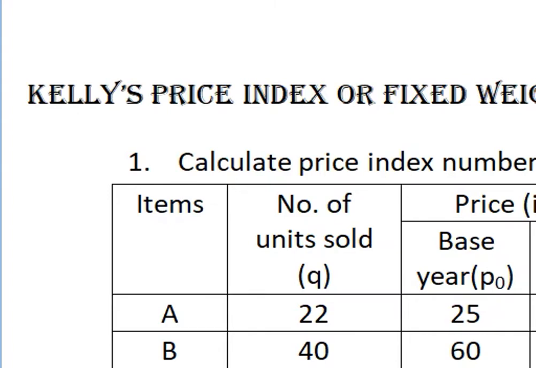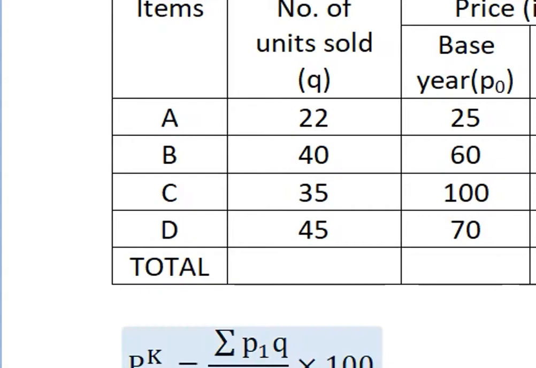Therefore, it is a fixed weight, which I have denoted as Q. Then they have given price of base year, which is P naught. Then they have given price of current year, which is P1. Now look at the formula of Cayley's price index. It is summation P1Q divided by summation P0Q into 100.